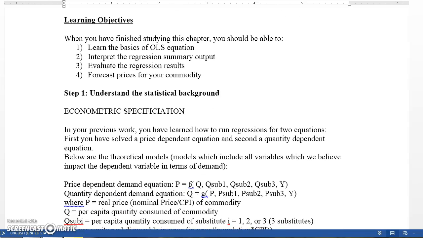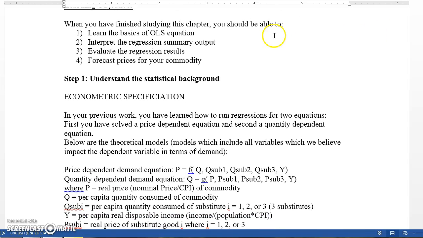So the most important goal as an outcome of this online lecture is to help you understand how to read regression summary output and how to evaluate the result of your regression and how to forecast price for your commodity.